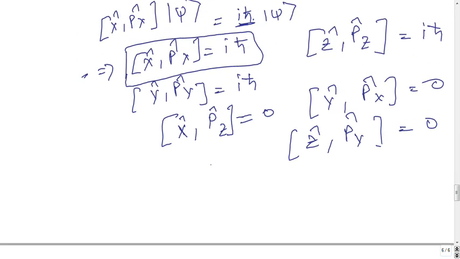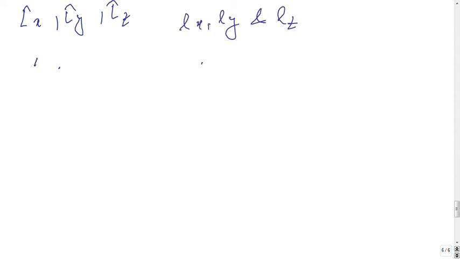Okay, let us examine the commutation of the Hermitian operators Lx hat, Ly hat, Lz hat, that is the Hermitian operators corresponding to the components of the angular momentum, small lx, ly and lz. This would be the commutator of Lx hat and Ly hat.